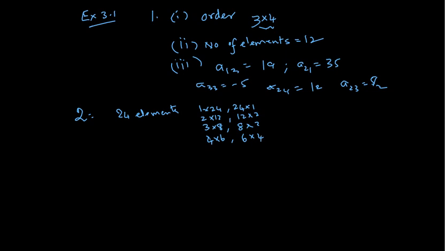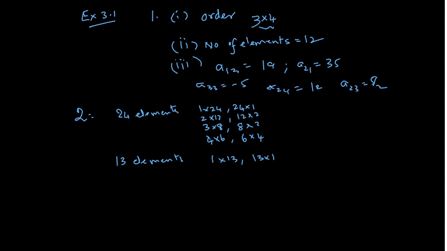Okay. Third question: if a matrix has 18 elements, what are the possible orders it can have? Can you tell me? Same, factors of 18 you should tell me. 1 into 18, 18 into 1.